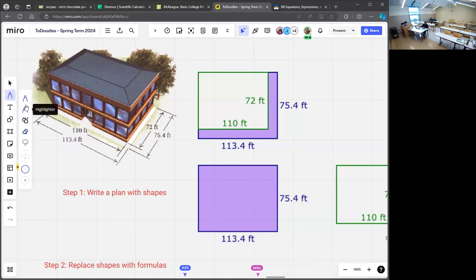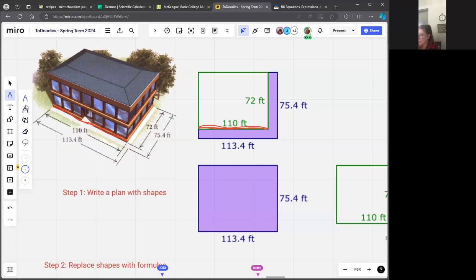Okay, so the building itself has an edge on the front of the building where the front door is, and that edge is here. It's 110 feet side to side. Is it okay that the red lines match?